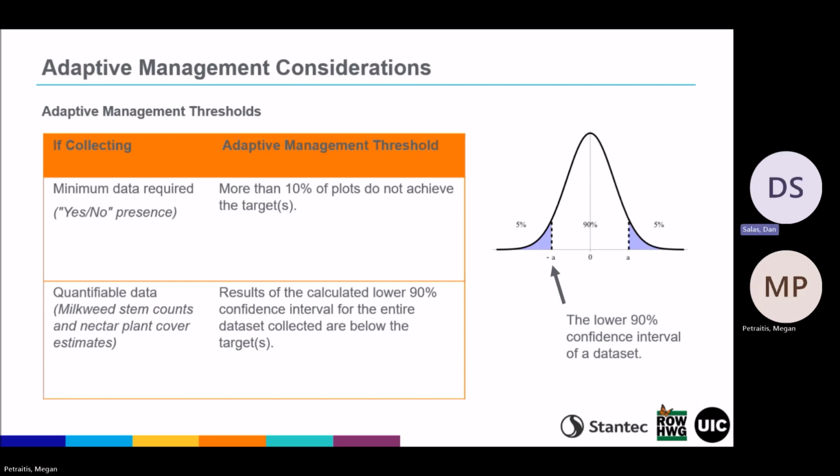That's a very helpful target because, with natural variability or differences in site conditions and your random sampling of plots, it's very likely that you're not going to see milkweed in every single plot. You might have an abundance in some and no milkweed in others. This is a way that you can look at that data set in aggregate and consider the full results of what you've collected out there. Go to the next slide.